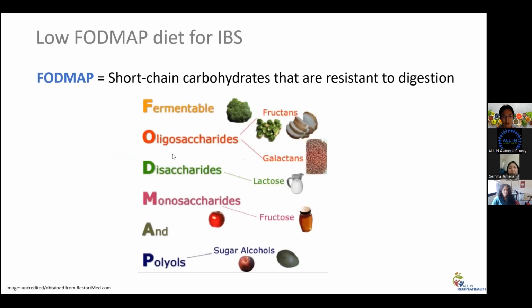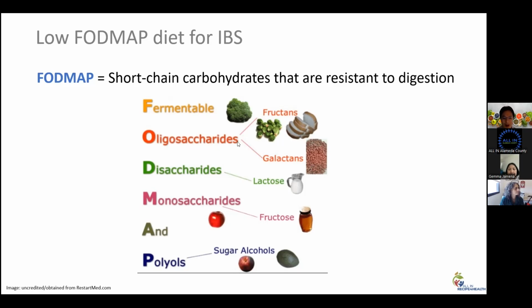At the acronym level, it's really about short chain carbohydrates that are resistant to digestion and basically cause a lot of gas and a lot of diarrhea and the symptoms that we see with IBS. It stands for fermentable oligosaccharides, disaccharides like lactose, monosaccharides like fructose in apples, and then polyols, which are sugar alcohols like in your stone fruit.